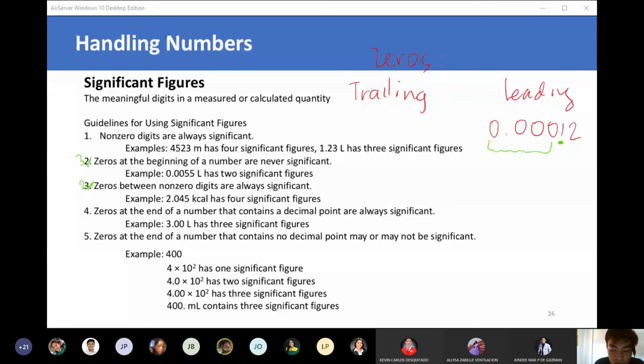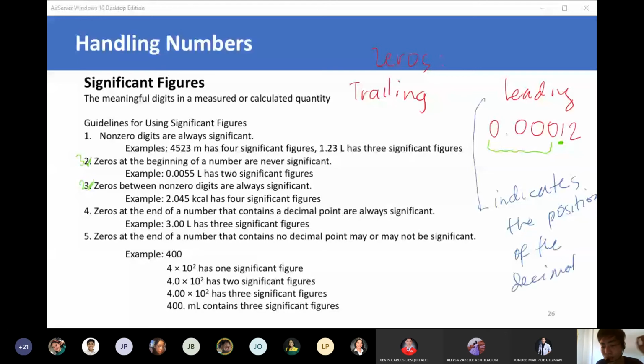So their purpose is only to indicate the position of the decimal point. They only indicate where the decimal point is.